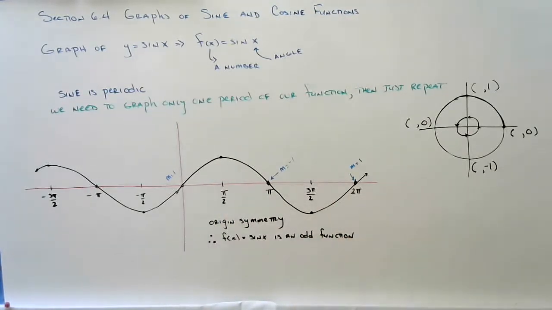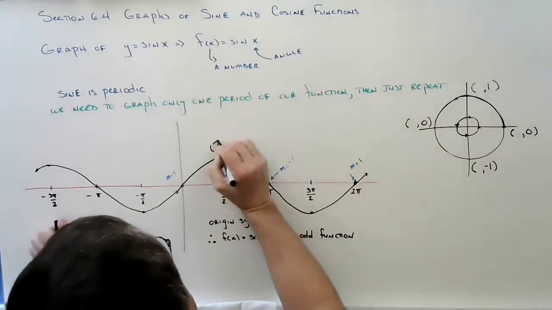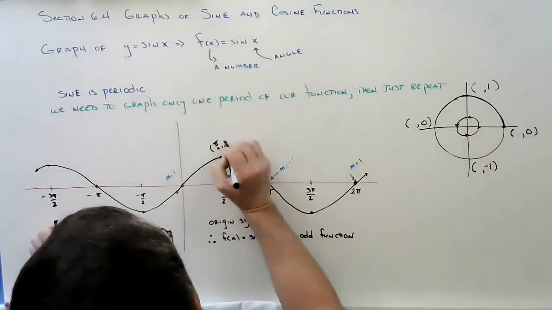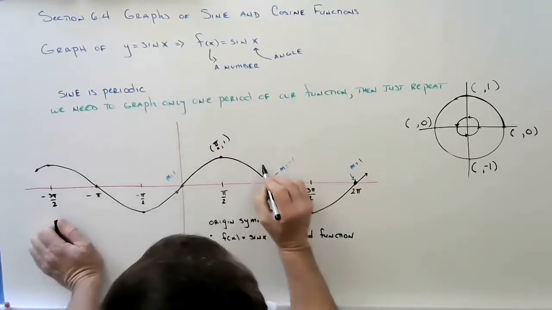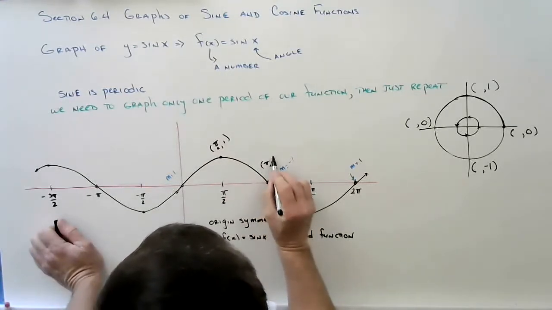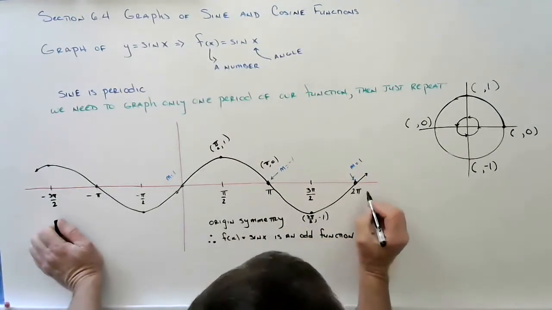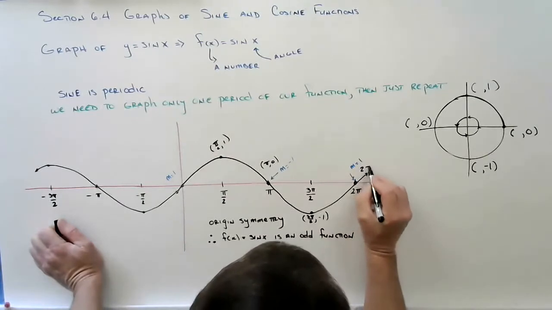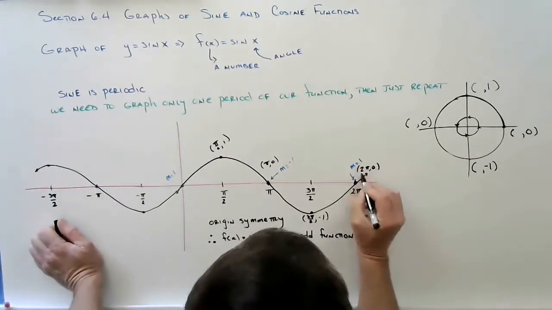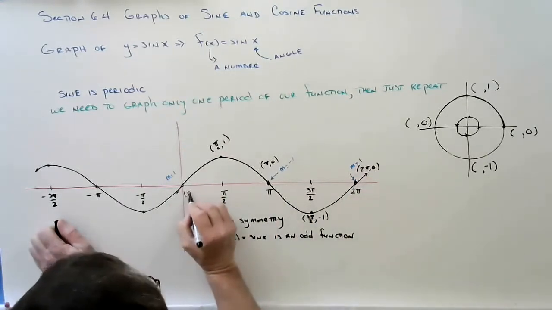So we would have to label this: pi over 2 comma 1, pi comma 0, 3 pi over 2 comma negative 1, 2 pi comma 0, and this would be 0, 0.